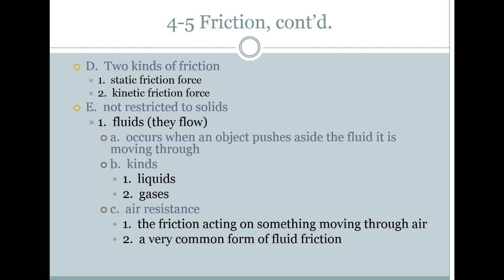Air resistance is friction acting on something moving through air. Air resistance is a very common form of fluid friction. You usually don't notice air resistance when walking or jogging, but you do notice it at the higher speeds that occur when riding a bicycle or skiing downhill.